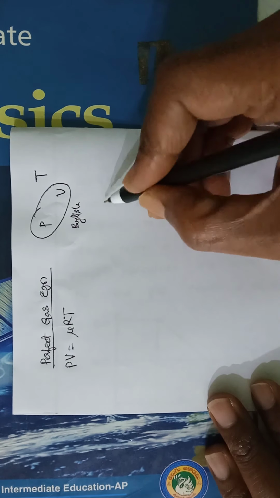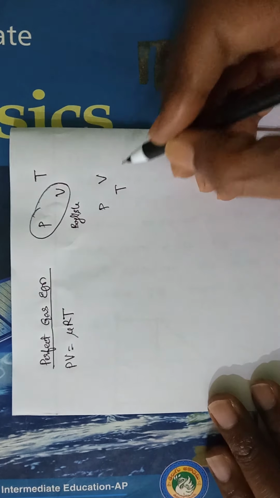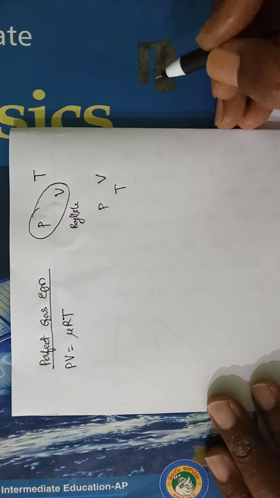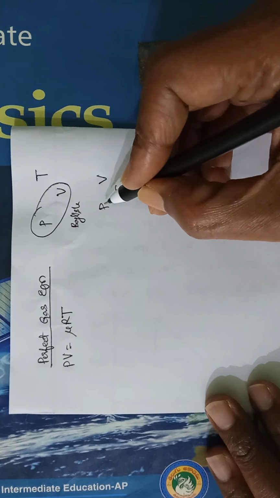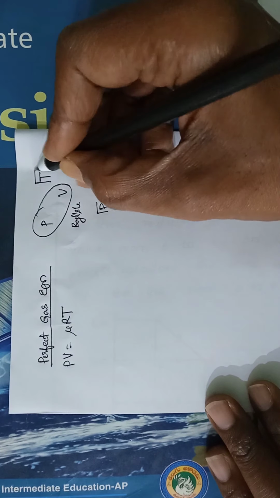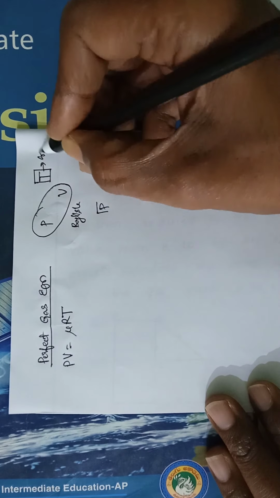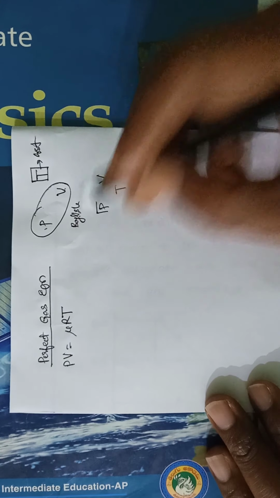Now, out of the three variables, here T was held constant, and the relation between P and V was studied by Boyle.